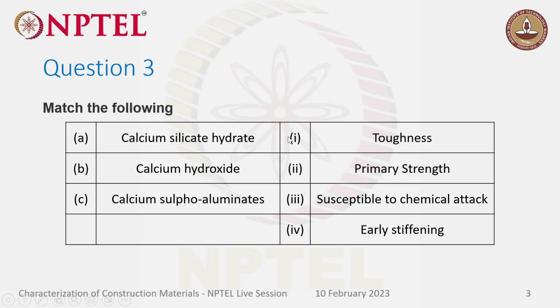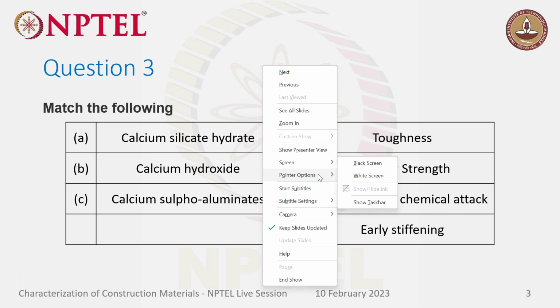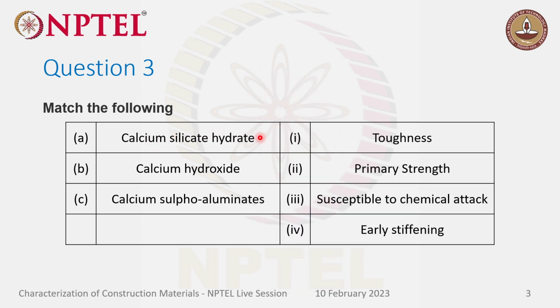It's a match the following question. You have to type your answer in the chat box. You have to find out which of the reaction products is responsible for the following properties or performance.